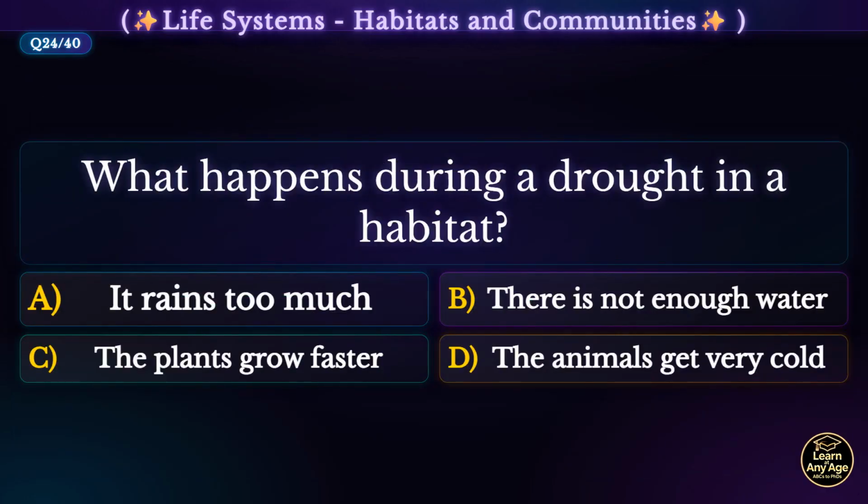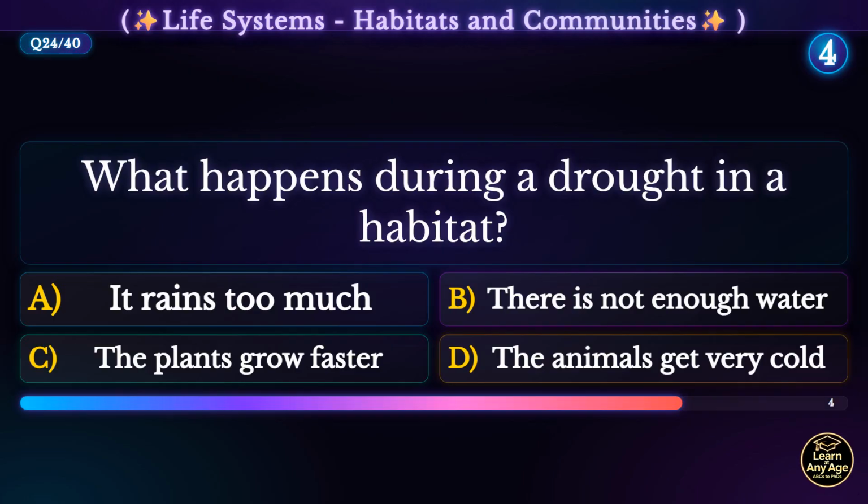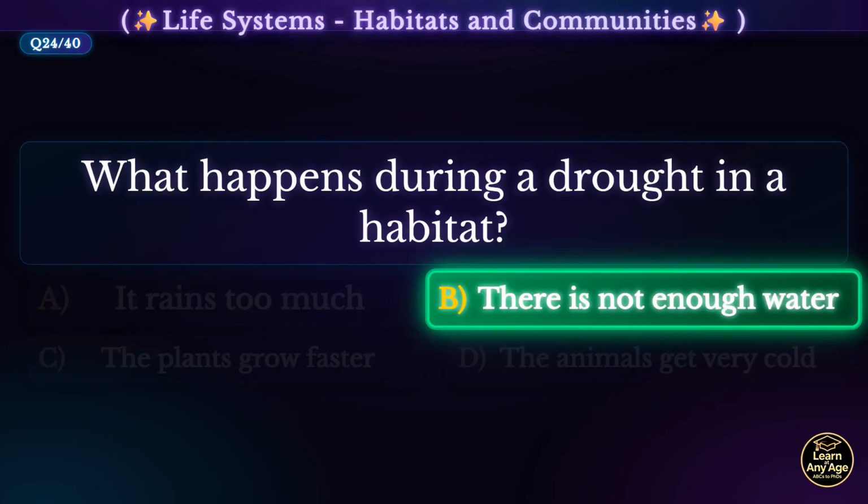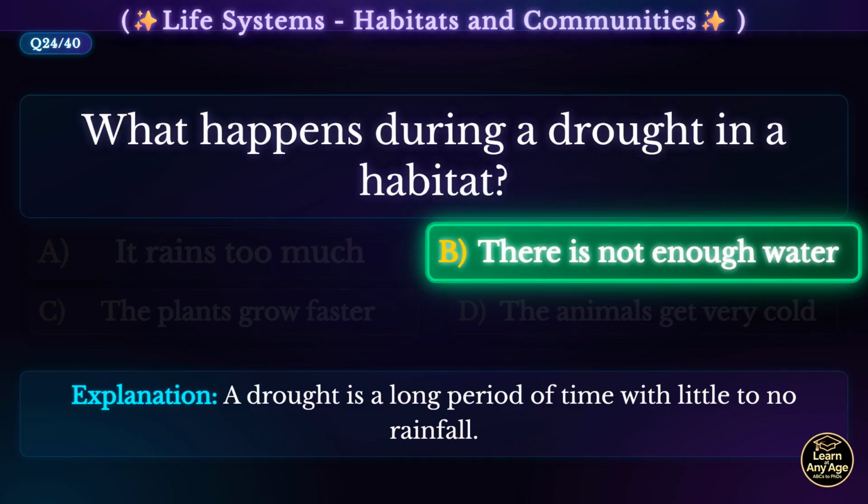What happens during a drought in a habitat? It rains too much. There is not enough water. The plants grow faster. The animals get very cold. There is not enough water. A drought is a long period of time with little to no rainfall.